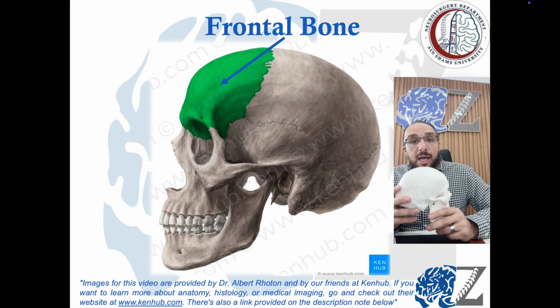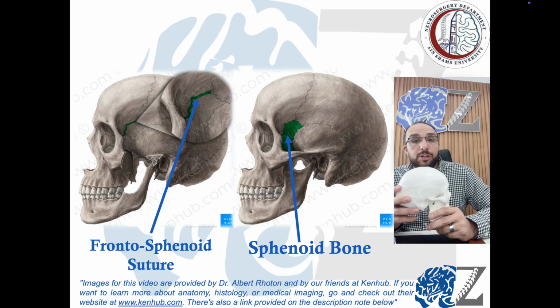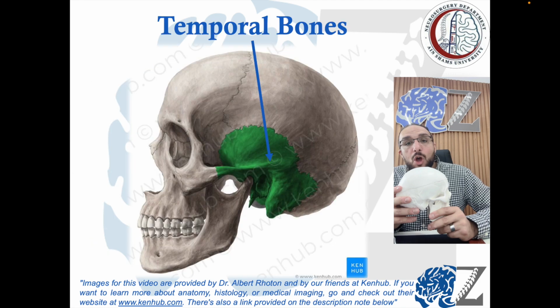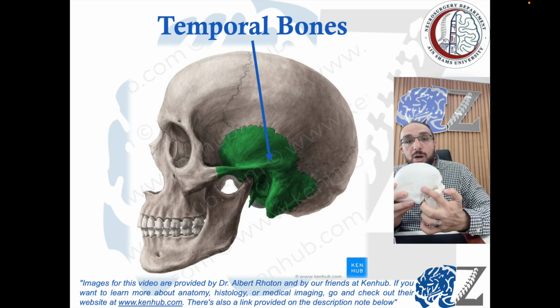But actually in this part, the frontal bone is going to fuse not just with the parietal bone and the sphenoidal bone. It also fuses with what? With the temporal bone. Yes, this is the temporal bone.